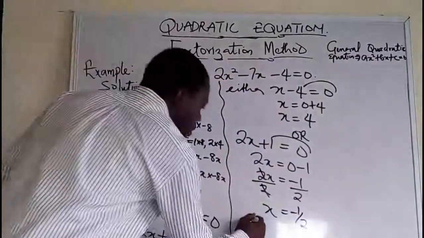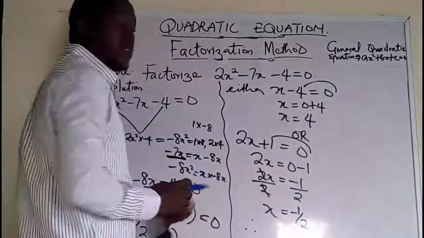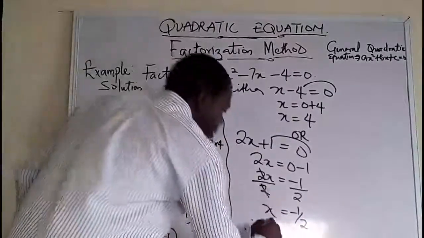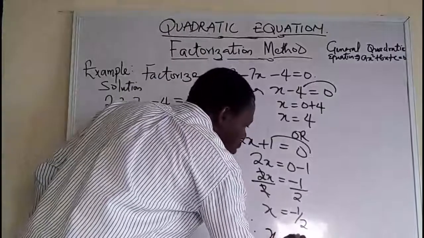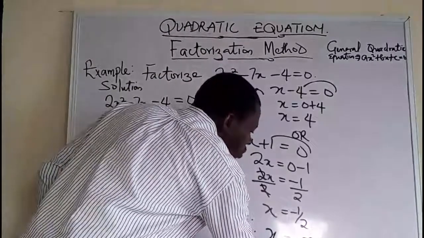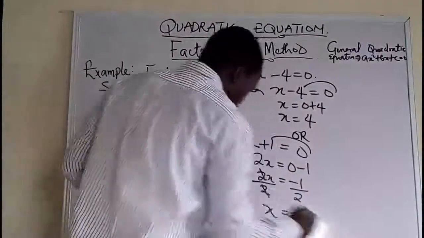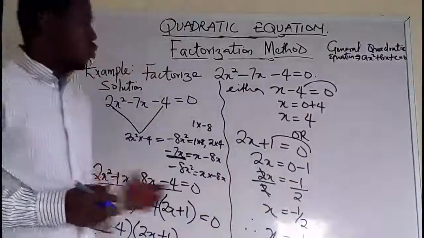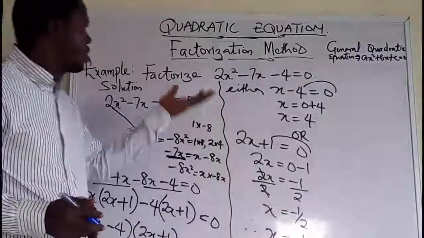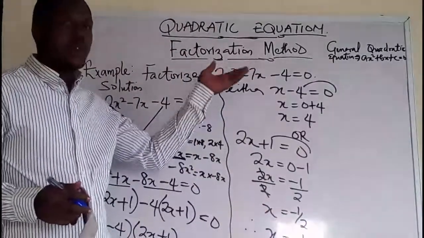Therefore, the values of x will be x equals minus 1 over 2 or 4. These two values here are the solution to this particular quadratic equation.